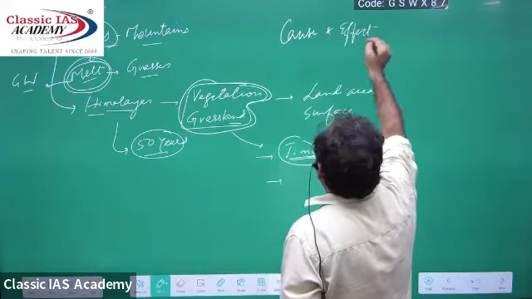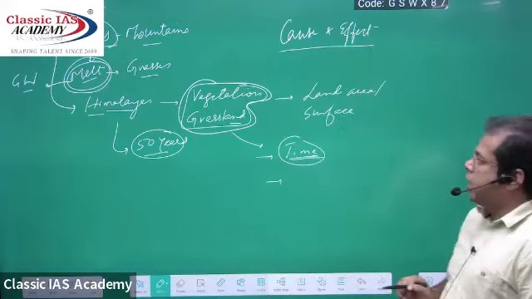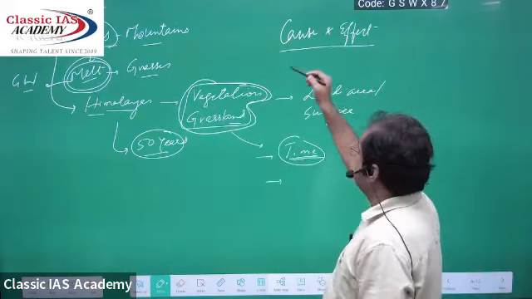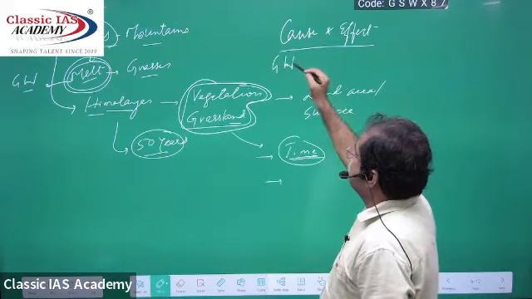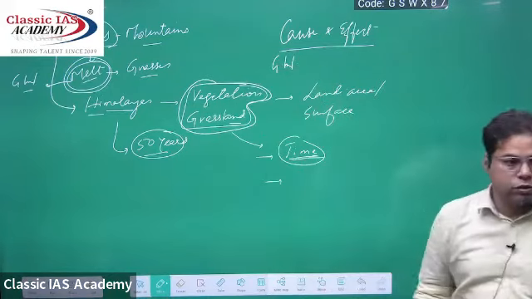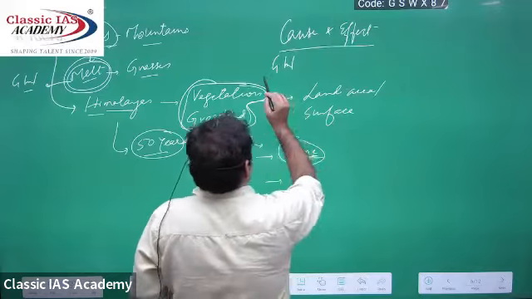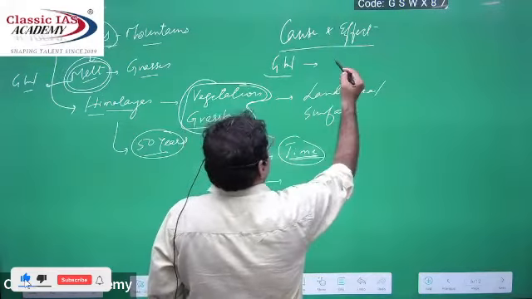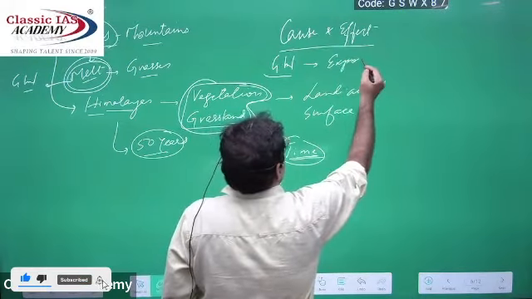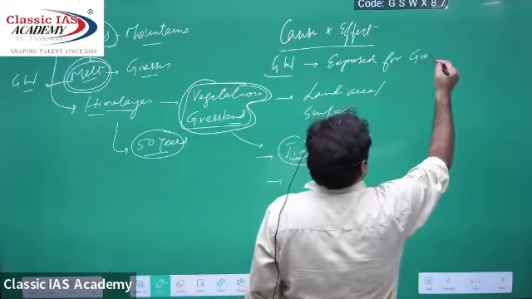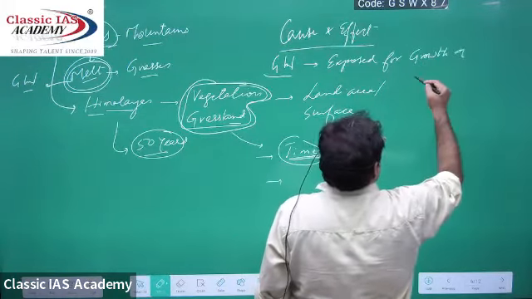What has been responsible for melting of the glacier? That is global warming. Then because of this melting of glaciers, due to global warming, land is exposed for growth of plants and trees.